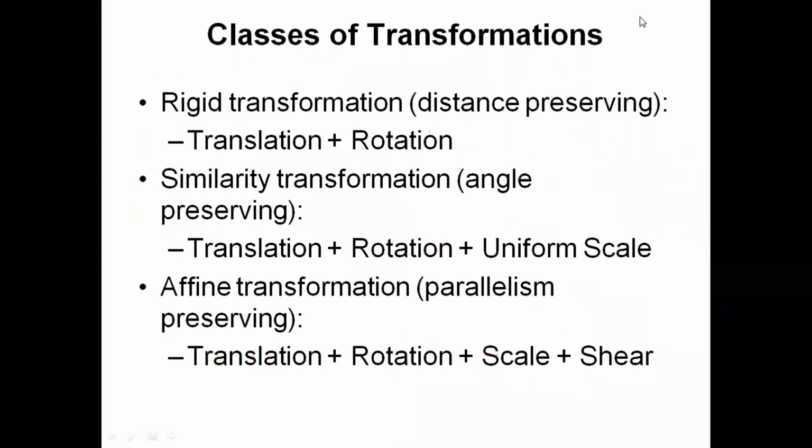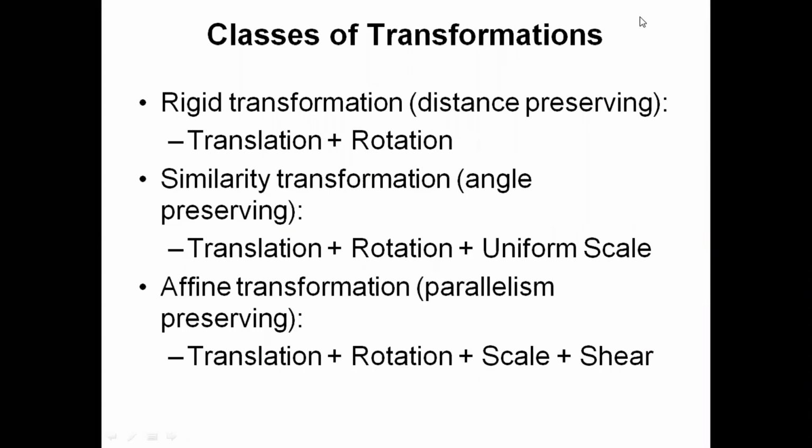So this is a very basic thing that I want to discuss with you, that is classes of transformations. You know the different types of transformation. Now these transformations can be put under different classes or categories. One is called the rigid transformation. When we perform a transformation, the distance between two points is preserved and remains as it was previously.